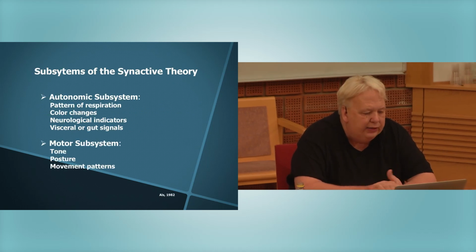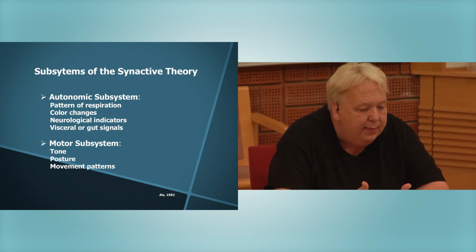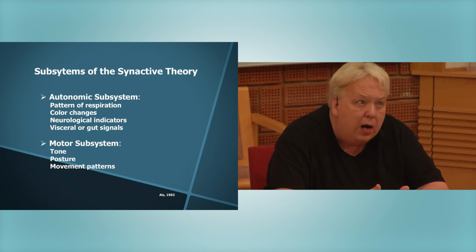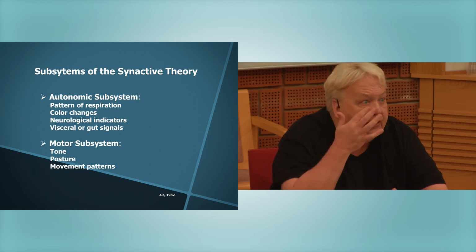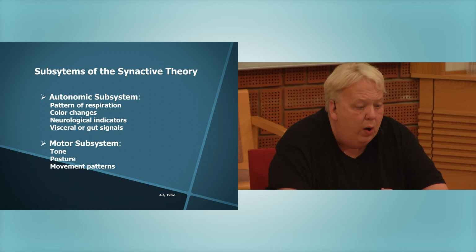And she breaks this system down into 4 subsystems. The autonomic subsystem, looking at patterns of respiration. Is it fast, slow? Are there pauses in respirations? Color changes from pink to pale to purplish tinges around the eyes, or gray, for instance, which you would hope that you never see.